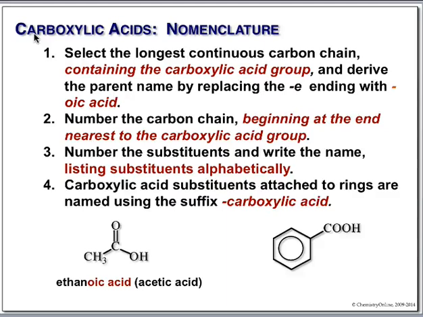We'll use it again on Wednesday. This is a ring. Therefore, this is going to be a benzene parent, and we're going to add carboxylic acid to it. Benzene carboxylic acid, 3 words. Benzoic acid is also IUPAC approved. So we can use benzoic acid as a parent, just like we can toluene, and name substituents around the ring. Any questions?